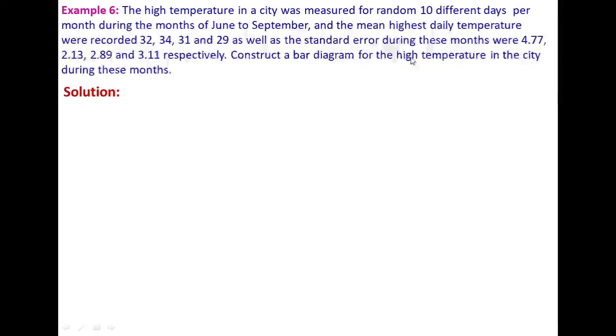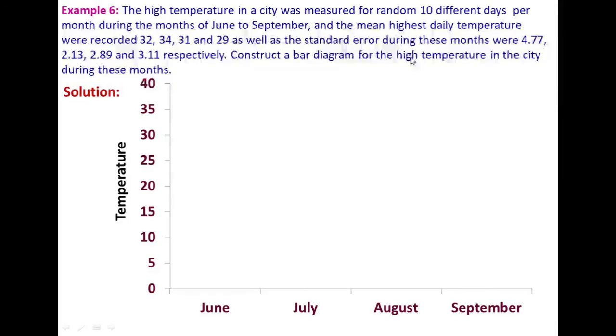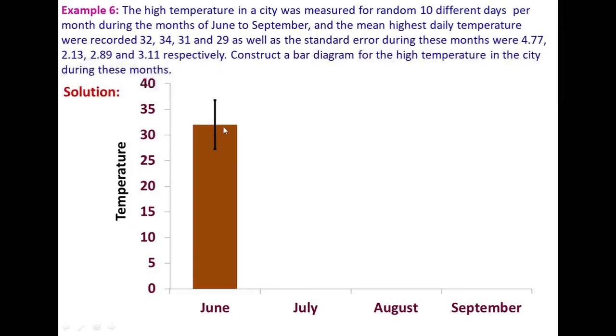To solve these, first we have to make the bar diagram for different months. Based on the data set, we can say that for the month of June, this brown color bar is showing the mean high temperature and this black line is showing the standard error during the month of June. Or we can say that in the month of June, the mean high temperature for all the days is likely to lie between this range.